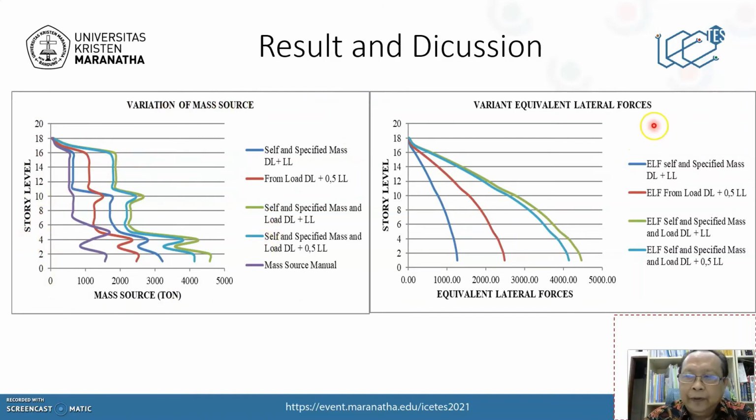For the next figures, the variation of equivalent lateral forces: the equivalent lateral force from self and specified mass, dead load plus live load, is the lowest.